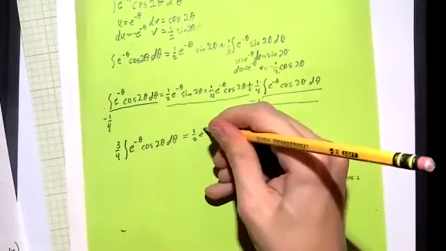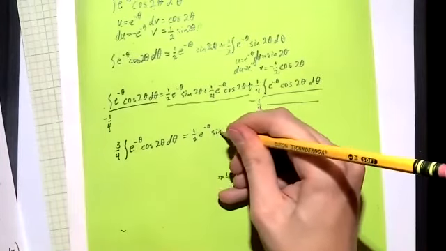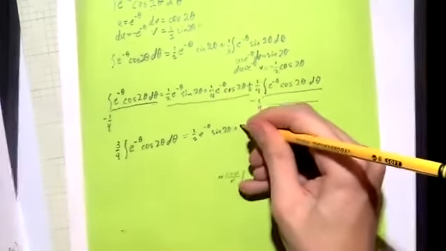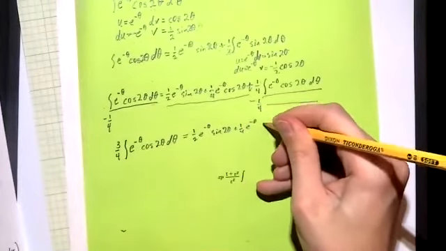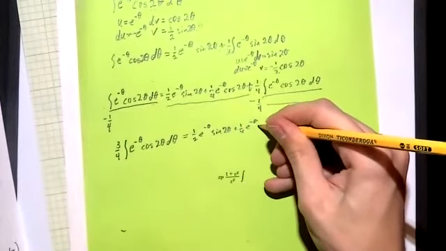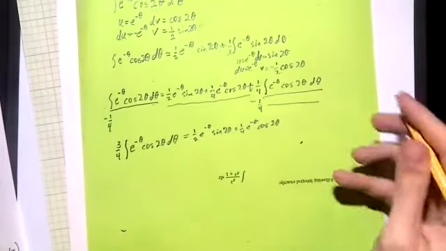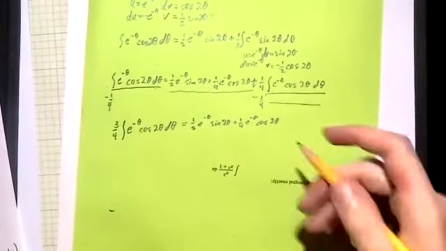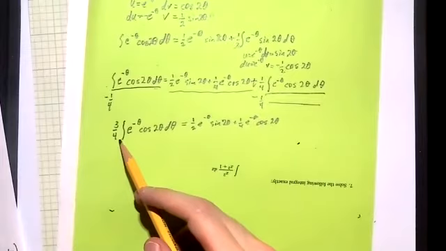So 1/2 e to the negative theta sine 2 theta plus 1/4 e to the negative theta cosine 2 theta. And of course there's a plus c, but I'm waiting to write it till the end.